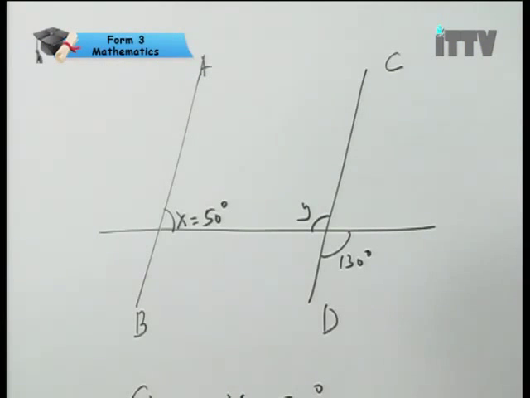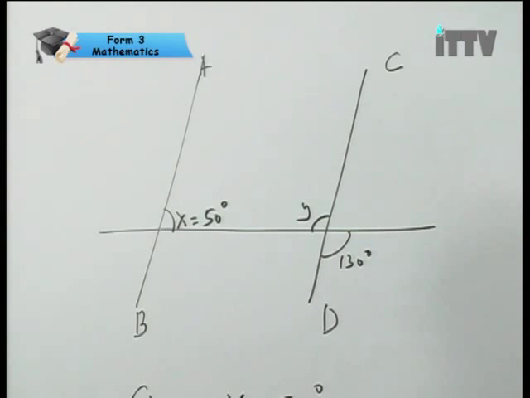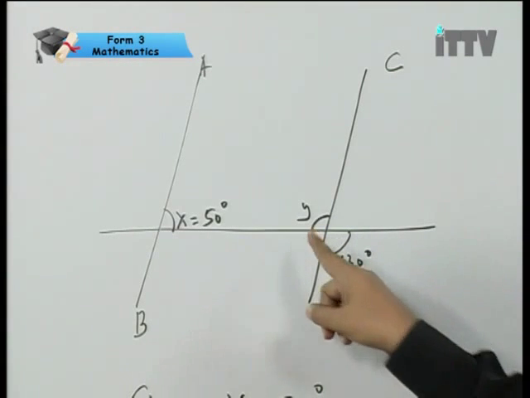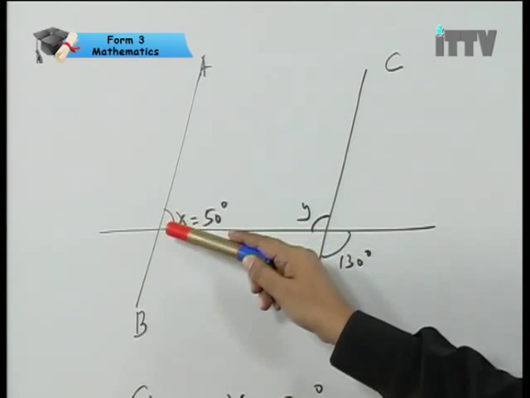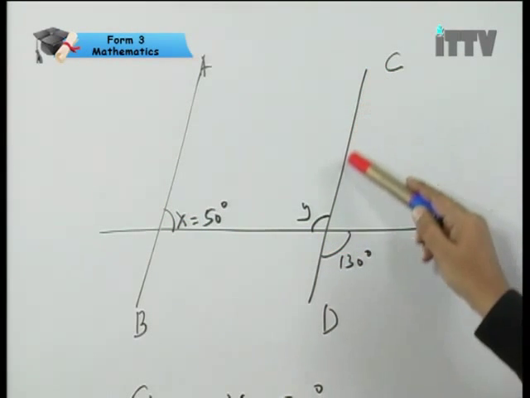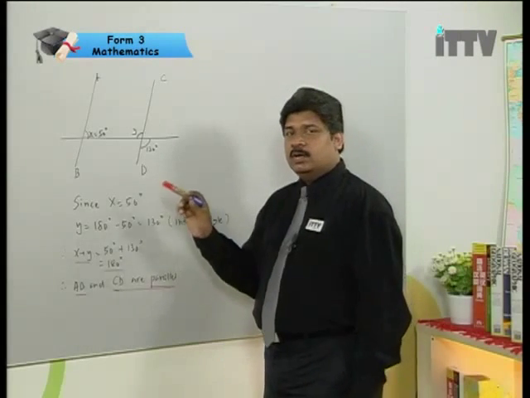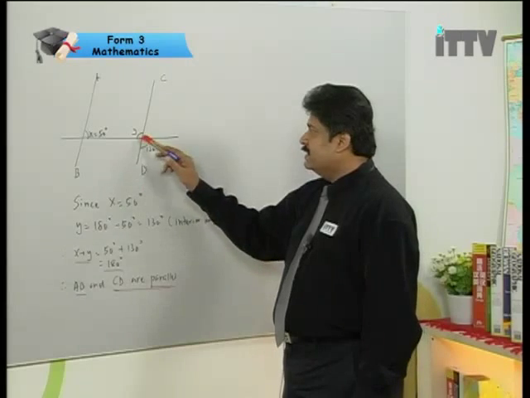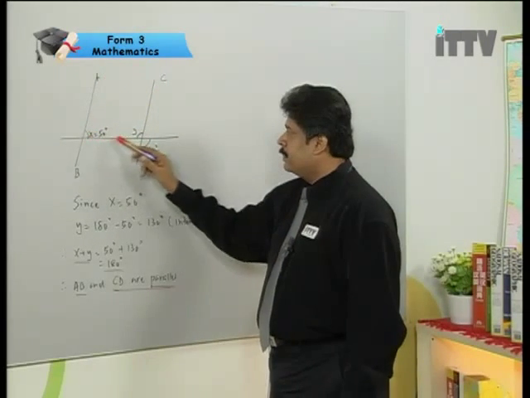Since we are given the value of x equals 50, the next question is, what is the value of y? If you look very closely, y is situated in a U-shaped pattern.